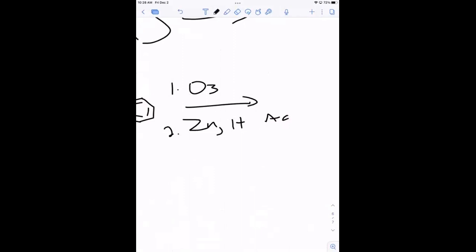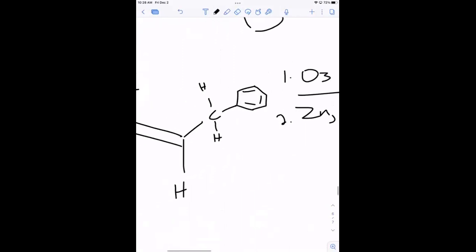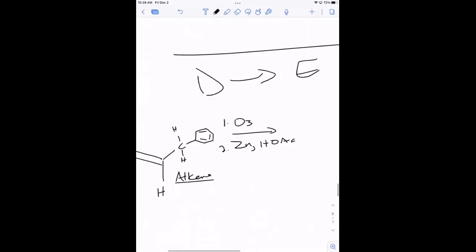What kind of reaction is this? This time I'm starting with an alkene, and I'm treating it with ozone and zinc metal. What reaction is that we learned from reactions of alkenes? Ozonolysis. Excellent. Which does what? You got your notes? Better look for it.